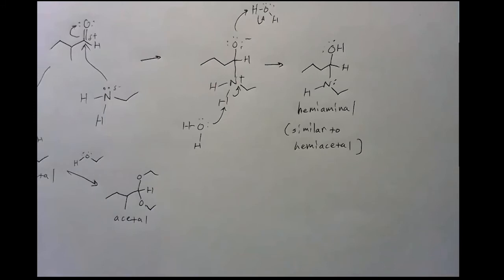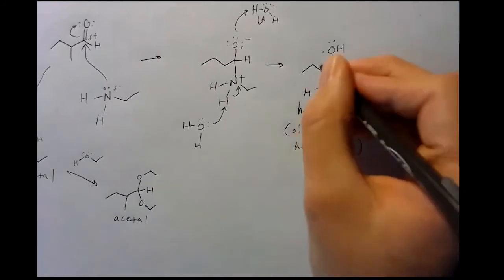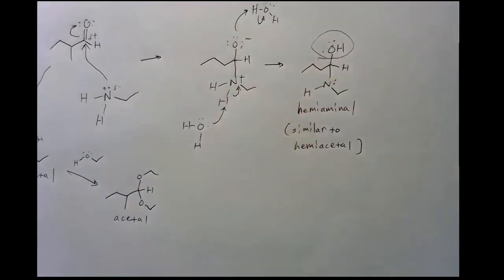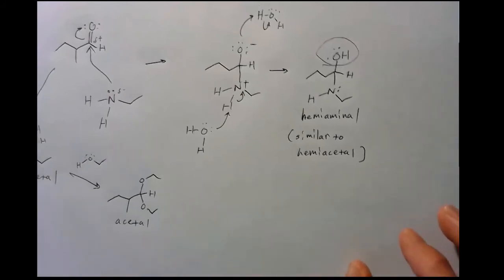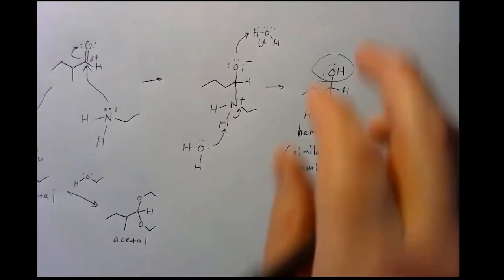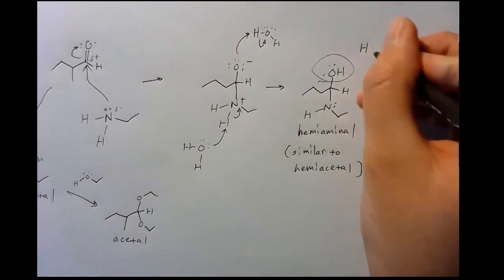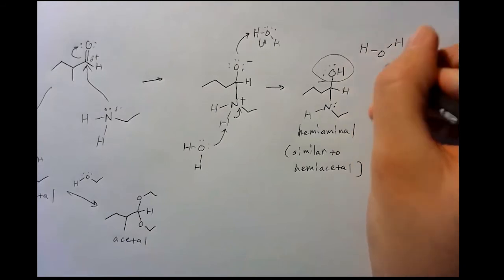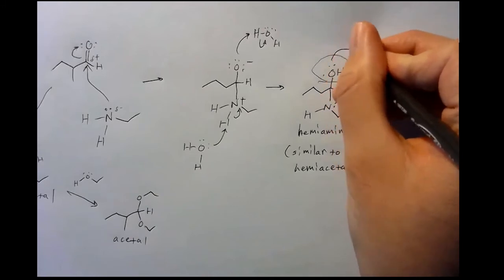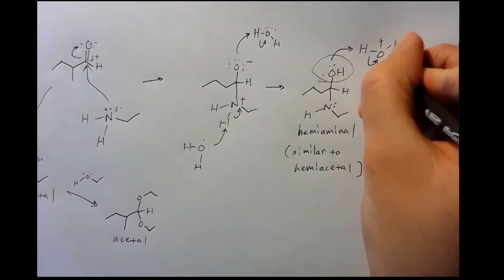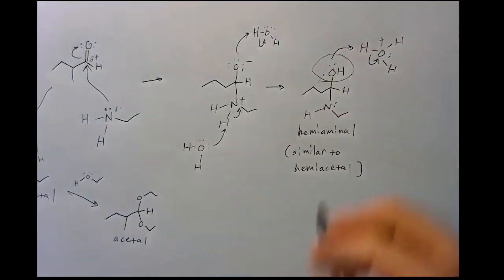With the hemiaminal, we're going to eliminate this group up here, and then create our imine. The first thing we have to do, of course, whenever we're eliminating an alcohol group, is we need to protonate it. So we're going to use acidic conditions, and we protonate that alcohol group.